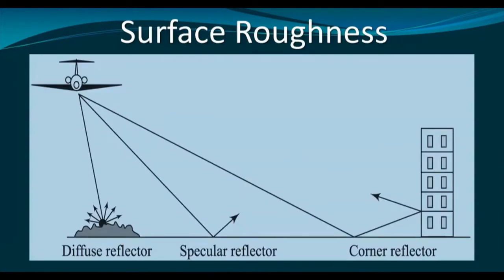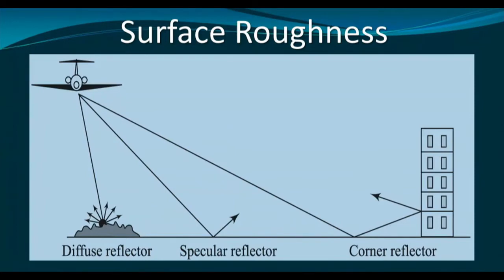First, let us try to understand how the surface roughness influences the reflection or backscatter. As we know, diffuse reflectors reflect energy in all possible directions. We often say this is hemispherical reflectance.